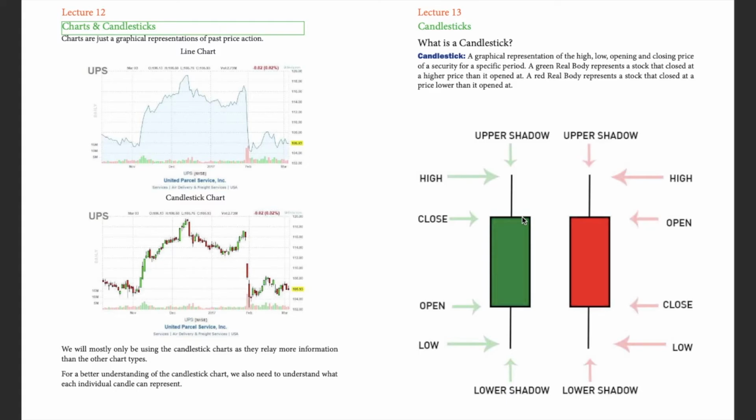Let's say on this red candle the price dropped all the way to 96 and the price went all the way to 102. So now we have the high price and the low price. The high price is 102, which the stock made in that time frame, and the low price is 96.